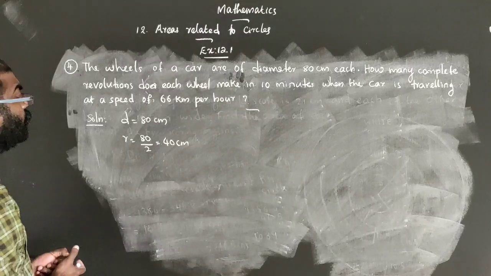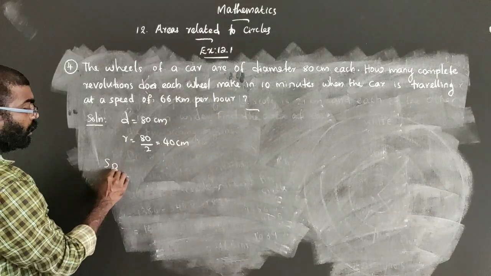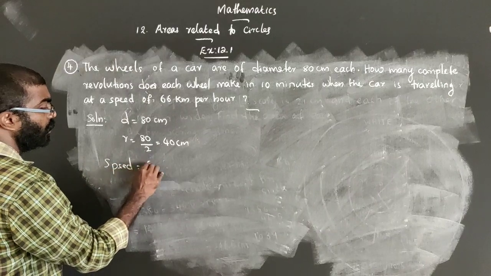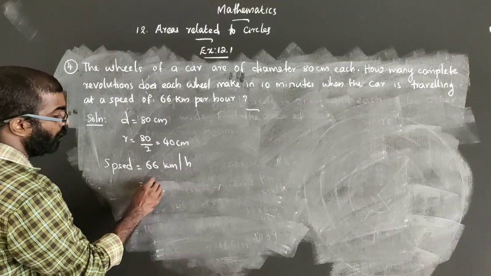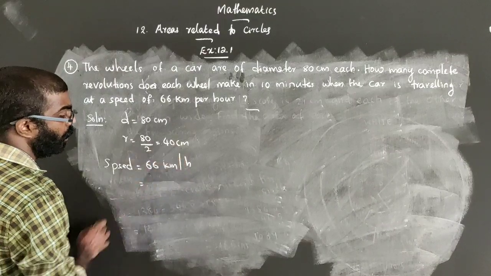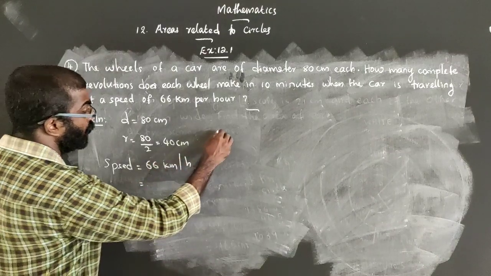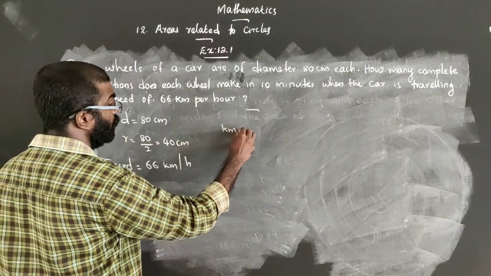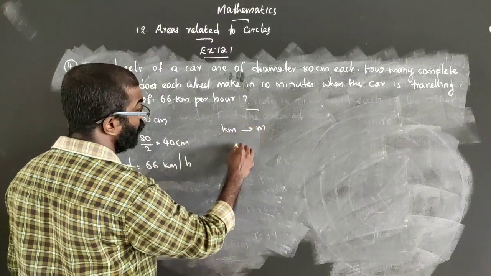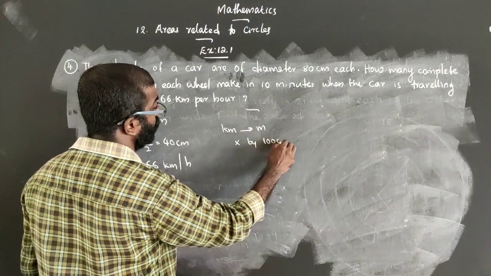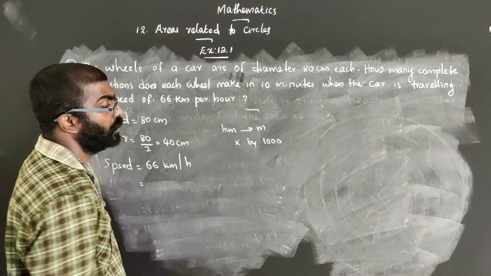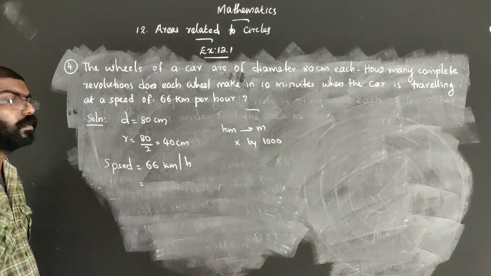Okay. So first of all, we can write the speed of the car is given there, 66 km per hour. Now we can convert this one. Here it is given in centimeter. So kilometer to meter, we have to multiply by 1000. 1 kilometer is equal to 1000 meter.